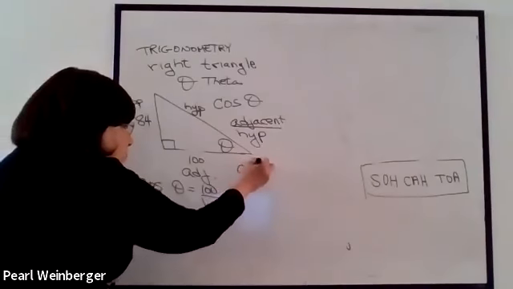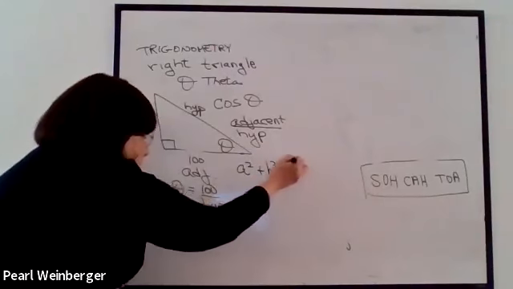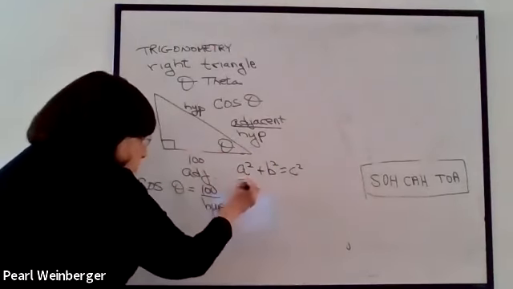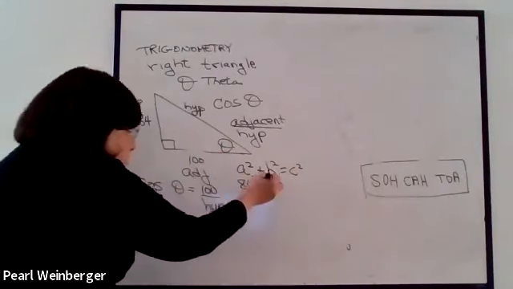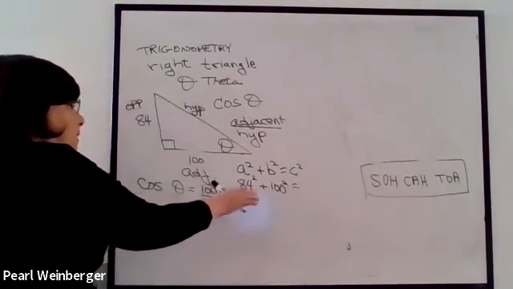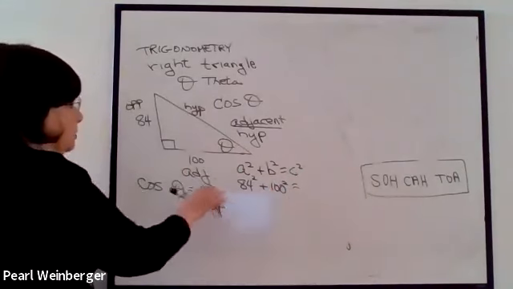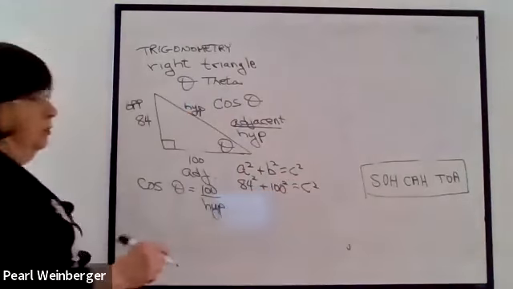I'm going to do a squared plus b squared equals c squared. And this would be my a because that's across. 84 squared plus b squared, that's 100 squared. It doesn't matter how you put these. You can put the 100 squared first and the 84 squared second, but it always has to equal the hypotenuse squared.